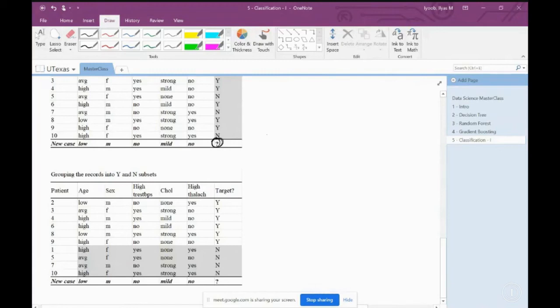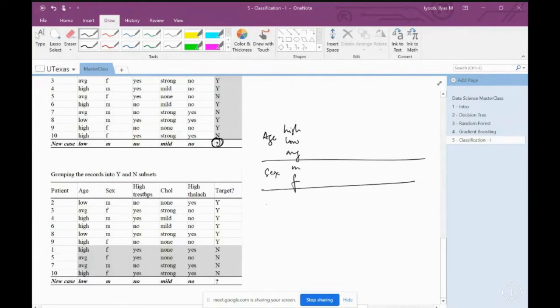We'll have age: high, low, average. Sex: male or female.